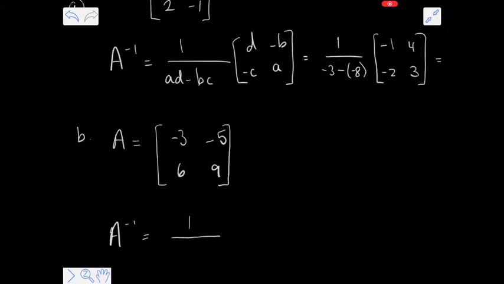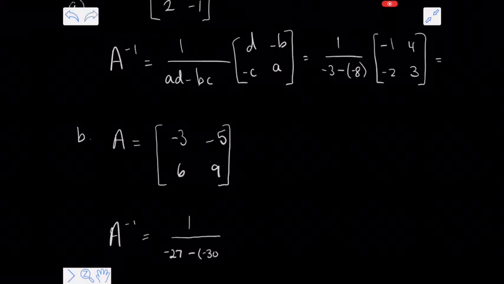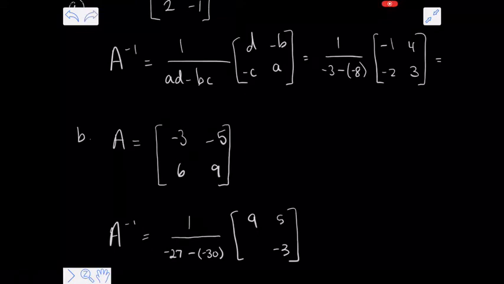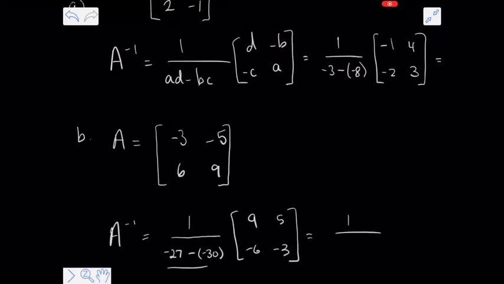It's 1 over this product here, that's -27, minus this product here, which is -30. And then these entries switch places. These entries here switch signs, so that becomes a +5 and a -6. Now, -27 plus 30 is 3.